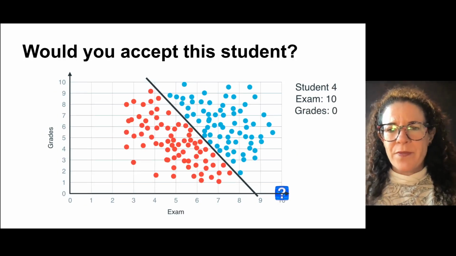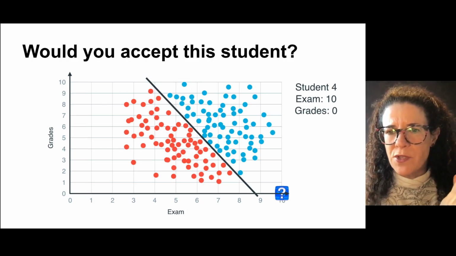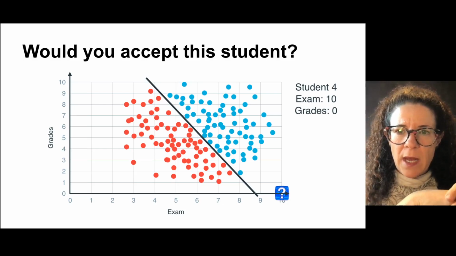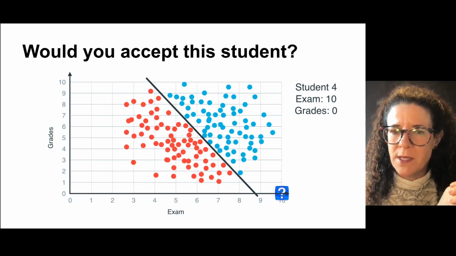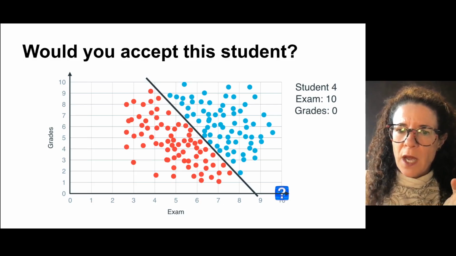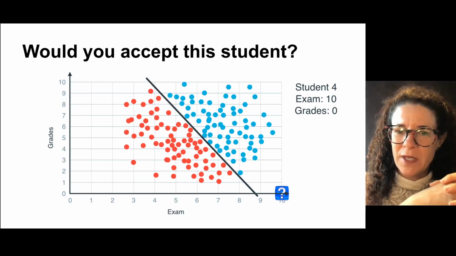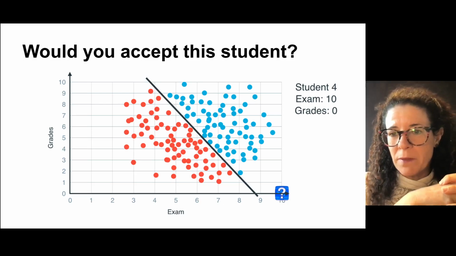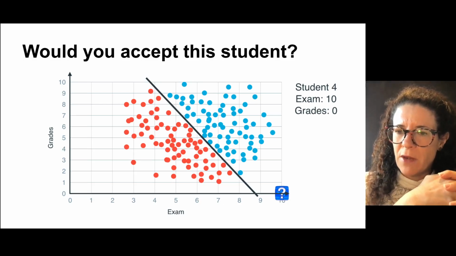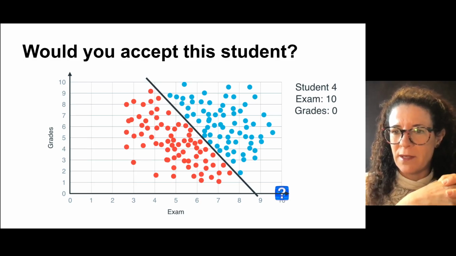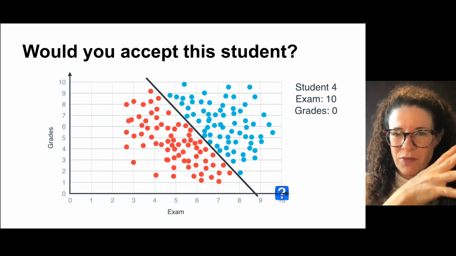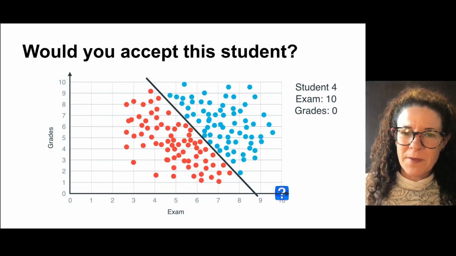Now suppose that you have a student 4, and that student has 10 on the exam but 0 in grades. According to this simplistic linear model we have here, that student would be admitted. But it would be kind of weird, right? Having 0 grades and 10 on an exam. Kind of sounds a little bit fishy, right?